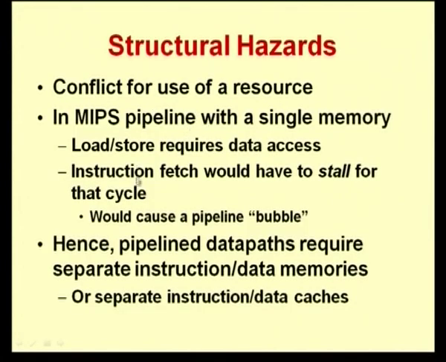An example of a structural hazard in our MIPS pipeline would be, if we had used a single memory for both our data access and instruction access, that is, if our instruction memory and data memory were a single memory unit, then we would actually have had a structural hazard. But what we have actually done is, in the pipeline data path, we have used a separate instruction memory and a separate data memory. The reason that we used separate instruction and data memory is in order to avoid the structural hazard.